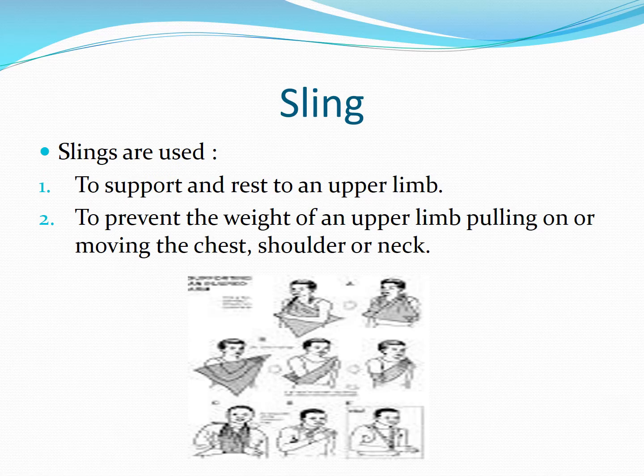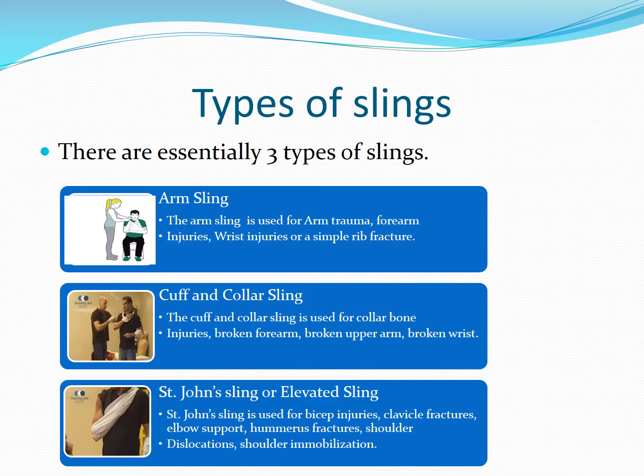Sling. Slings are used to support and rest an upper limb, to prevent the weight of the upper limb pulling on or moving the chest, shoulder or neck. Types of slings.